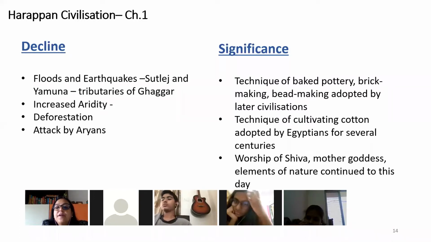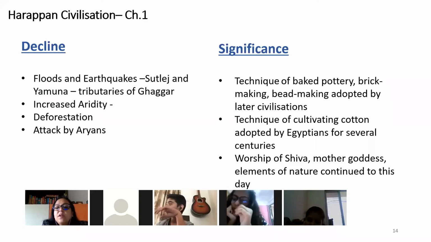Then worship of Shiva, the mother goddess, and elements of nature, all this is continuing even today. In Hinduism, we still worship Shiva, we still worship Mata Rani. We still worship Durga, all forms of a woman like Lakshmi, Saraswati. All these women goddesses are the mother goddess. Mother goddess is a collective name given to all female deities.